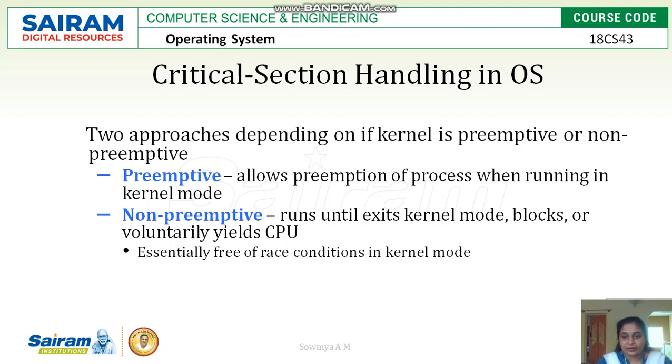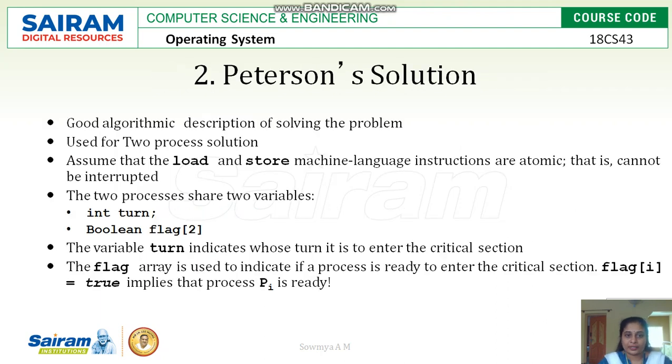Preemptive is a method where the process allows other processes to execute by sharing CPU time. Non-preemptive processes exit kernel mode only when the process has completely executed. Based on these preemptive and non-preemptive methods, the critical section is handled by the operating system.